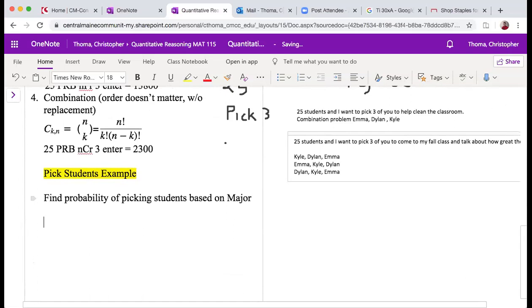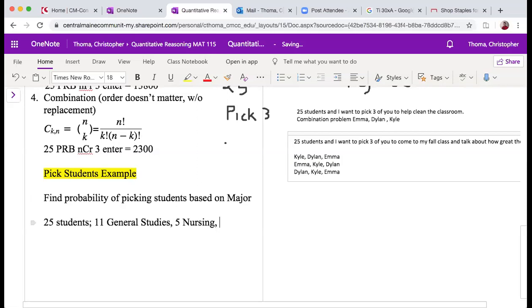But again, let's say we have 25 students, 11 are general studies, 5 are in nursing. What other degrees we got here? Life science.